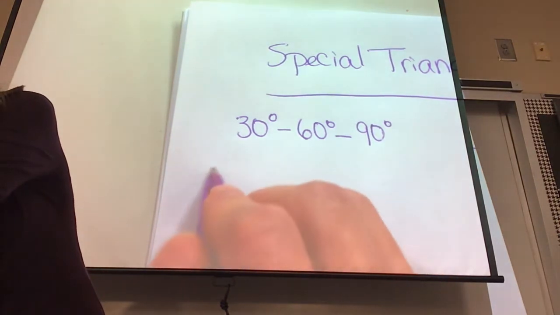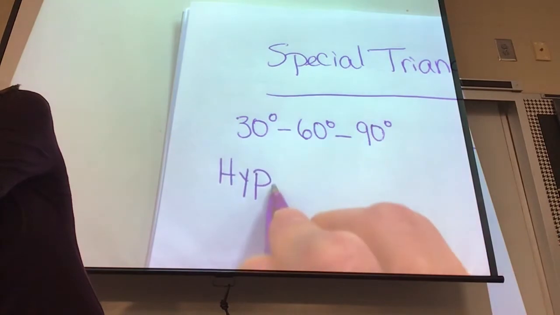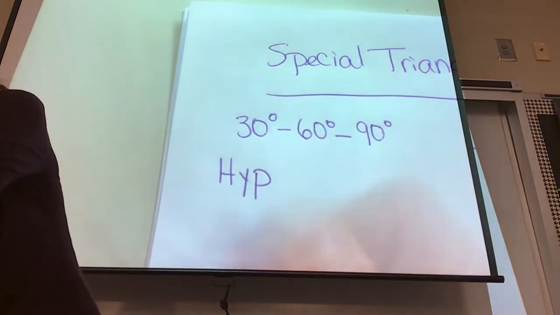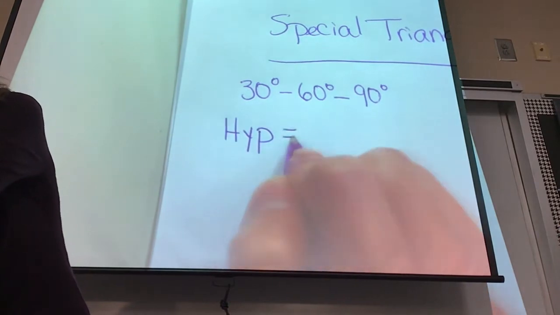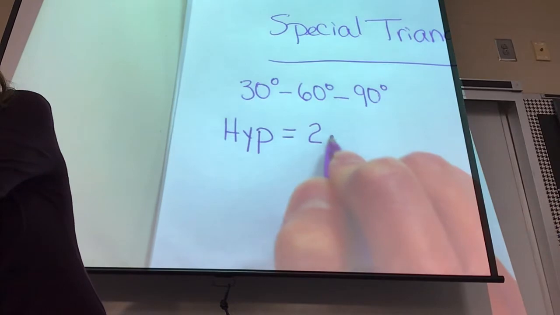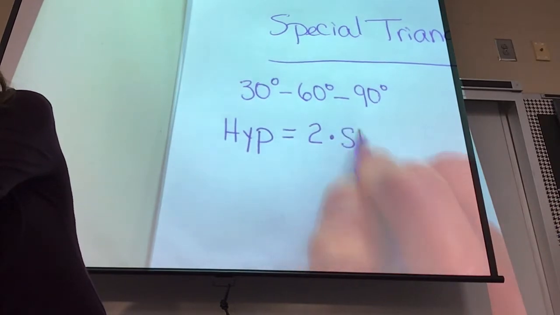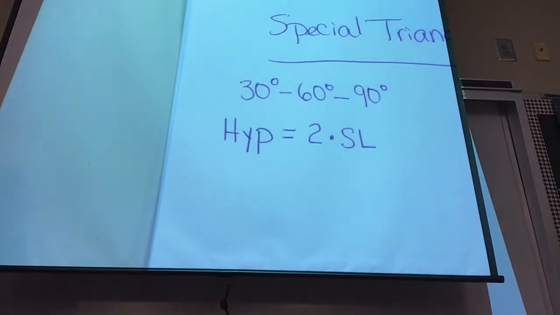So, of course, we know that HYP is talking about the hypotenuse. We know that much. So it's telling us that the hypotenuse equals 2 times SL. Now I'm going to explain what SL is in just a minute. So the hypotenuse is going to equal 2 times SL.